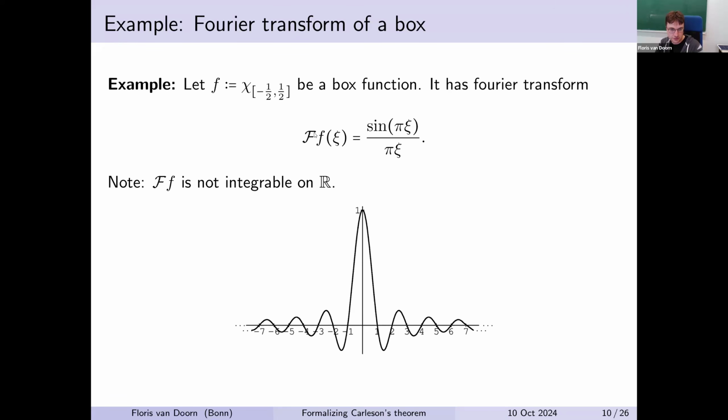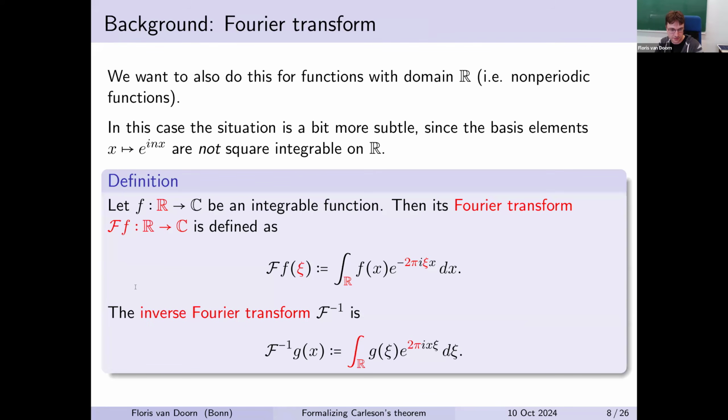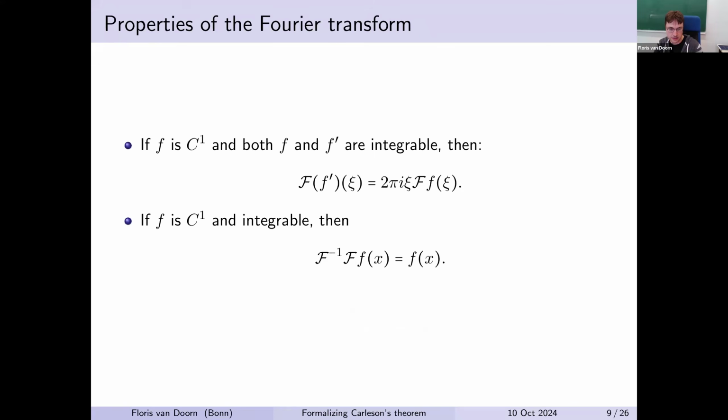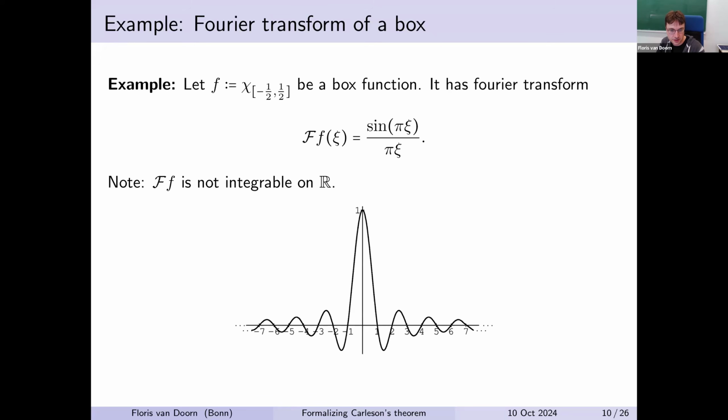And the Fourier transform is not integrable. That is a small problem, because if I go back to this definition of the inverse Fourier transform, I was taking an integral of this function, so I cannot even apply this definition of the inverse Fourier transform to the function. It's not absolutely integrable, to be more precise.